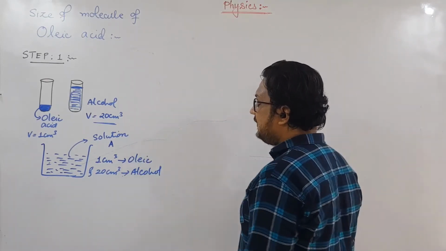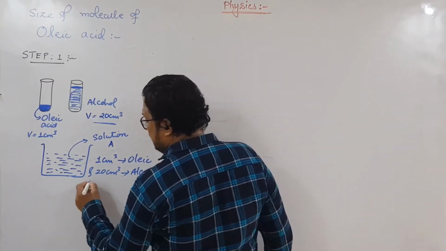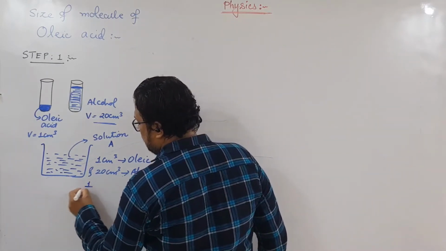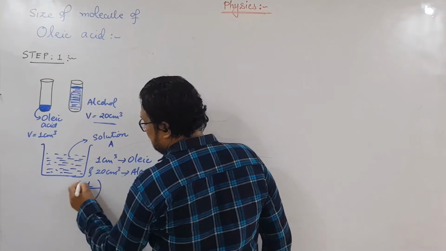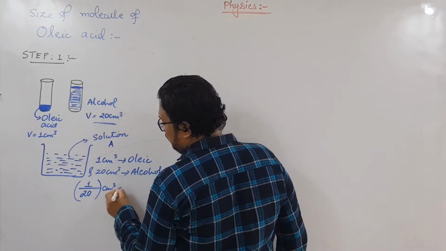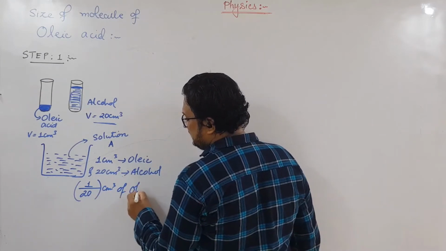So you can say that we have 1:20 centimeter cube of oleic acid in this solution.